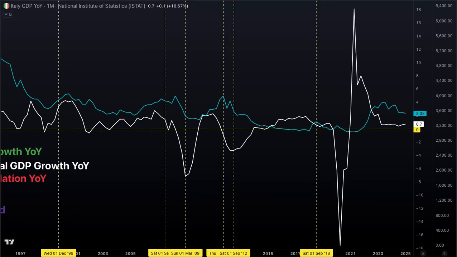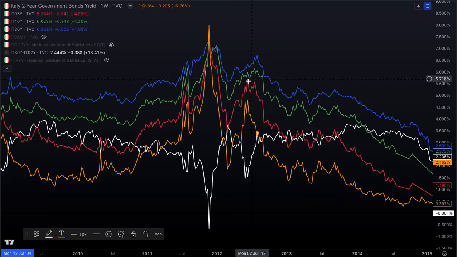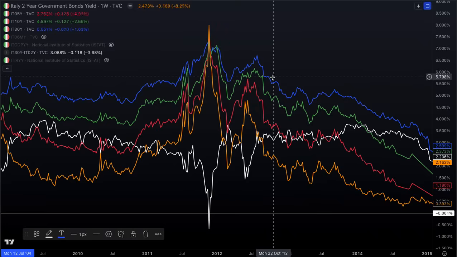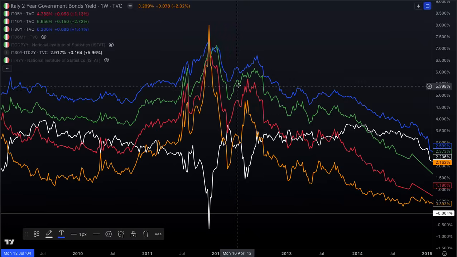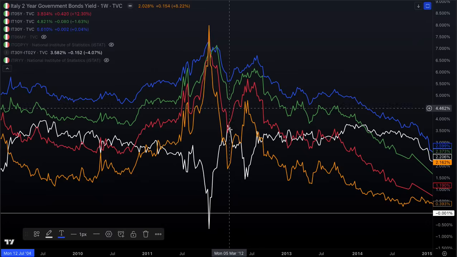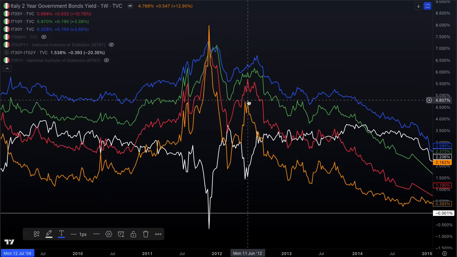And they announced this program called the outright monetary transactions. This is to stabilize the bond markets, and this happens in September of 2012. So September of 2012 is here. Yields had started to rise again after initially starting to decline. Yields started to spike again, and this is when the ECB stepped in with this outright monetary transactions program.